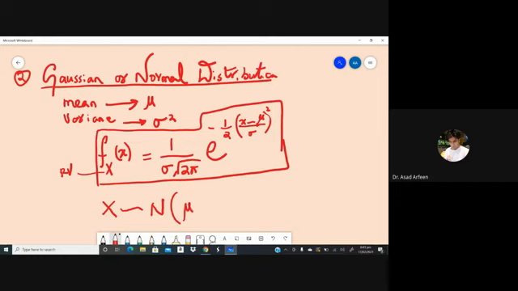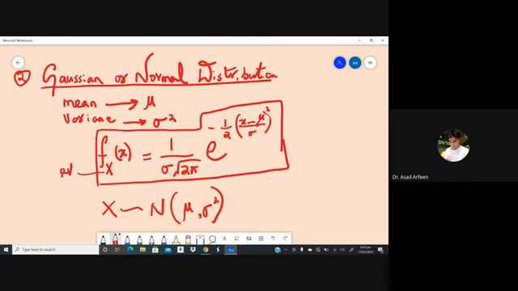This is the density function of a Gaussian or normal distribution, and it has been quite commonly observed in case of internet traffic and many other distributions.